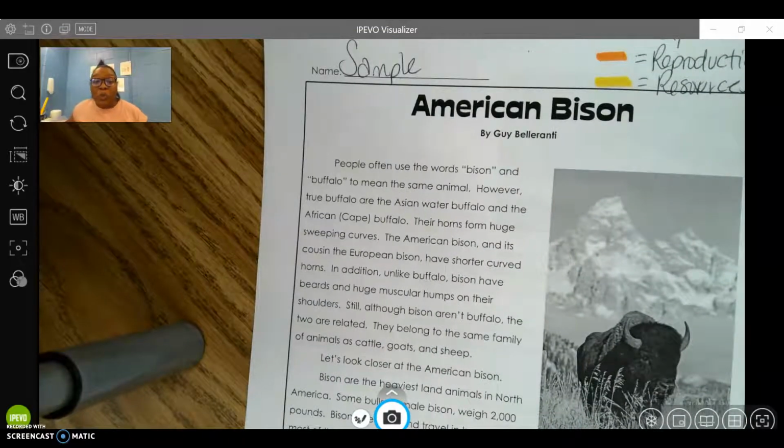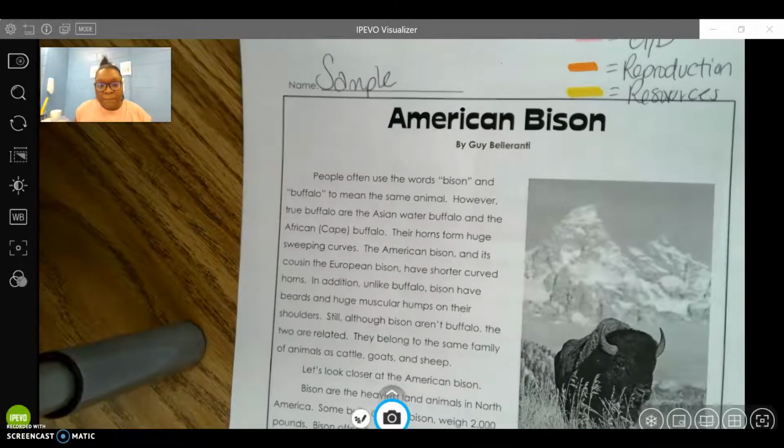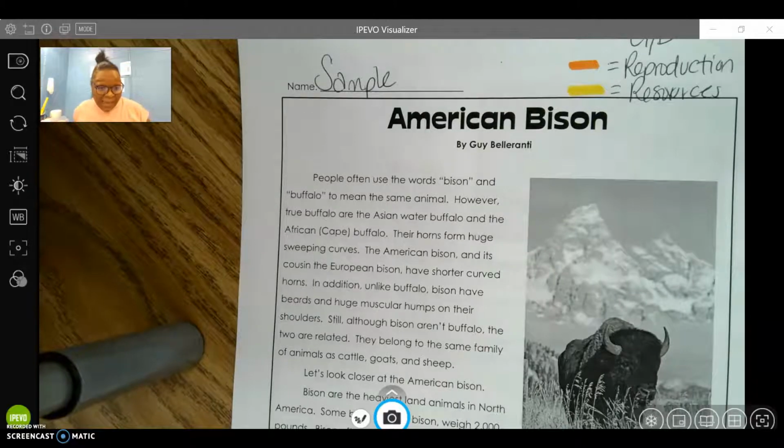People often use the words bison and buffalo to mean the same animal. However, true buffalo are the Asian water buffalo and the African Cape buffalo. Their horns form huge sweeping curves. The American bison, the cousin of the European bison, have shorter horns.